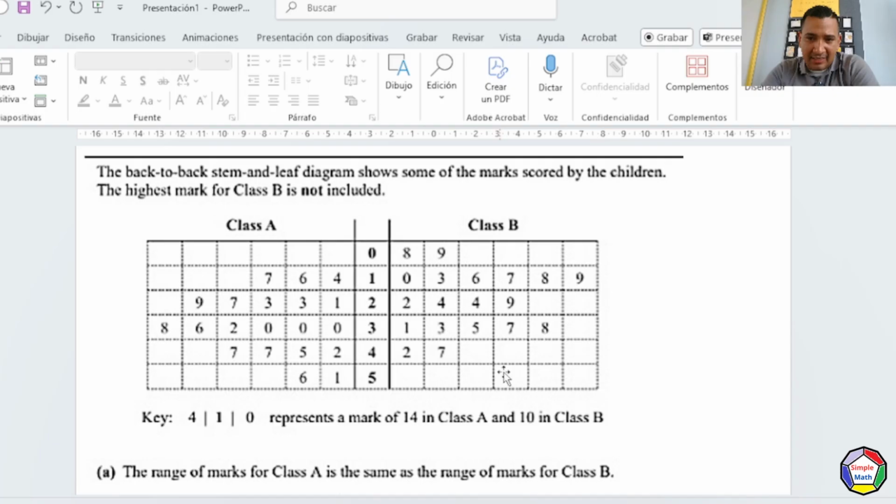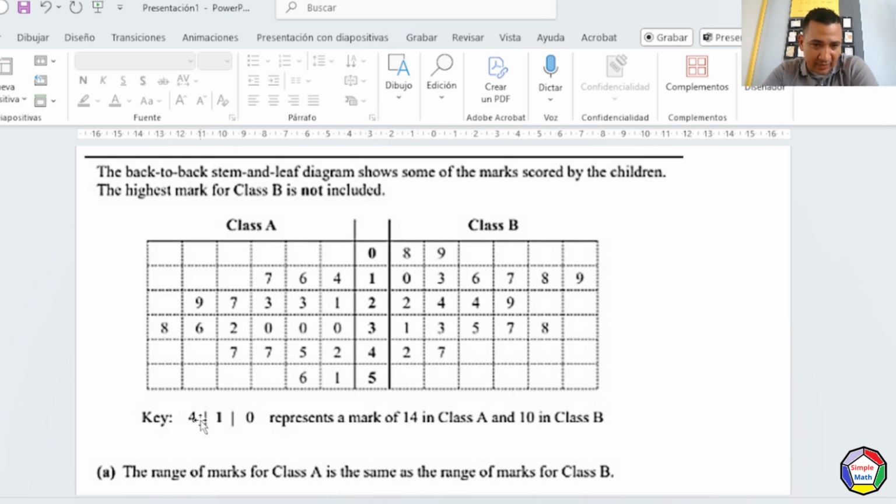The right side contains all the numbers in class B, and the left side contains all the numbers for class A. Then we have to read and understand the key. It says the key is 4|1|0. This key represents a mark of 14.